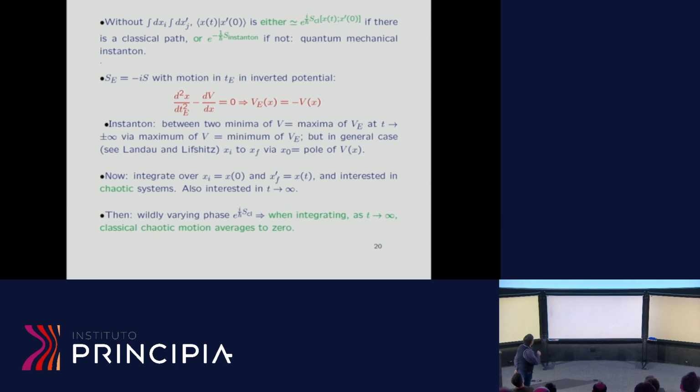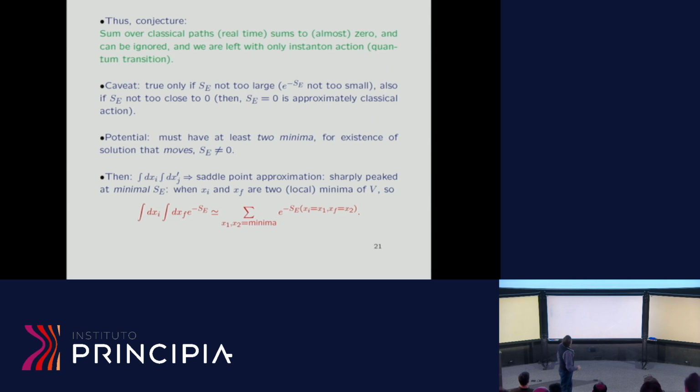But because we have a chaotic motion and we're taking time to infinity, this varying phase will give us a 0 result. And so what we will be left with is only the instanton factor, which appears when there's no classical path available.